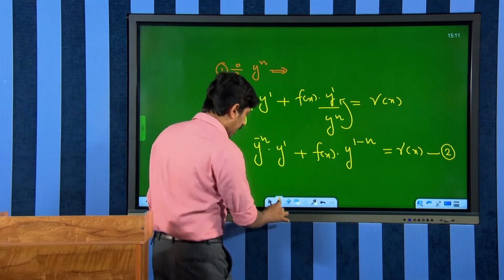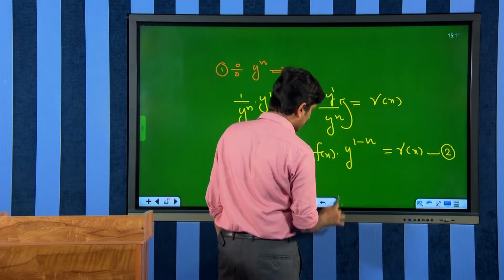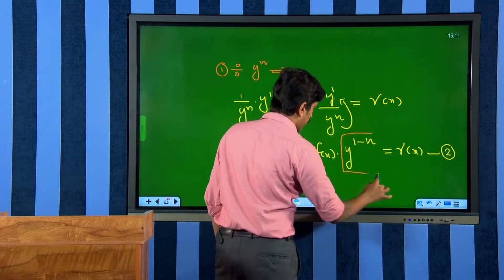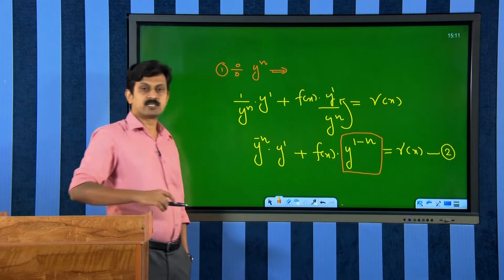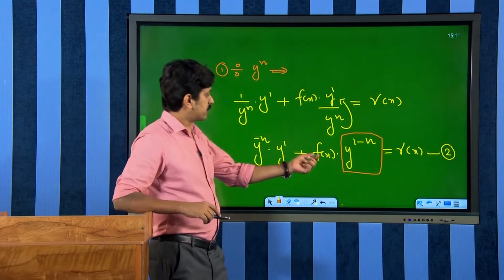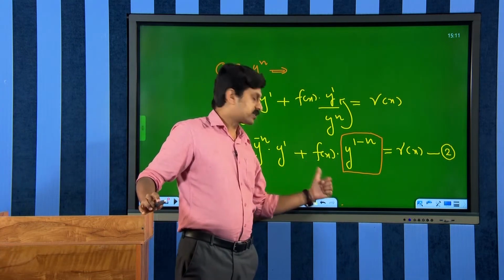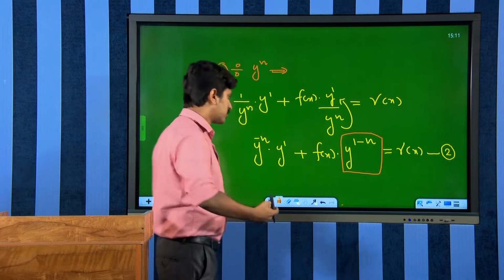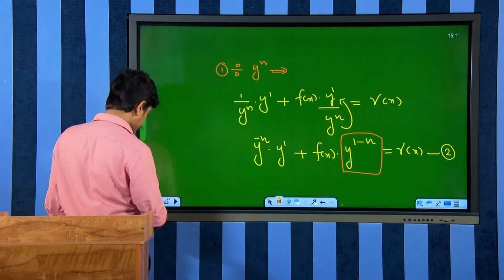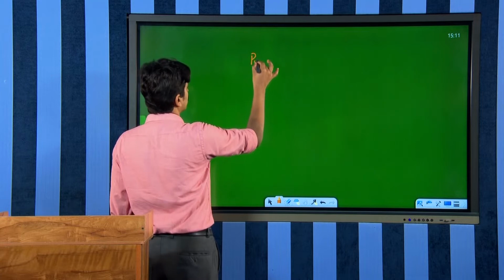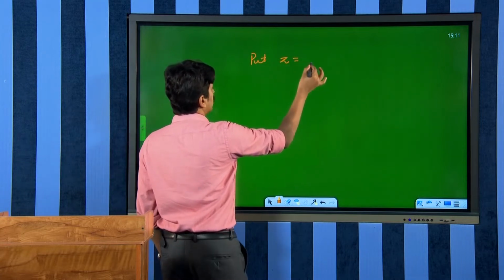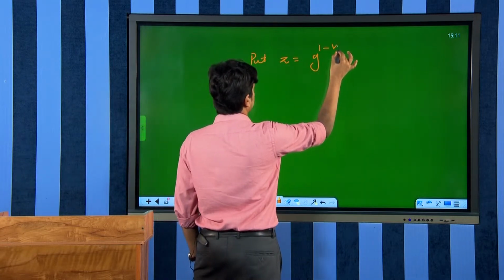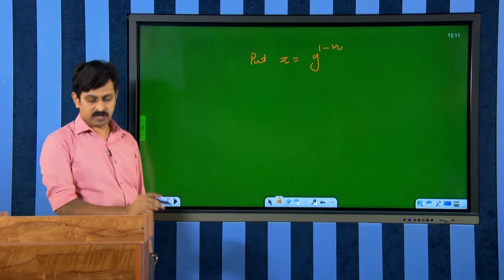For that, I would like to give a substitution for y raised to 1 minus n, that is the term with the function f of x. So, I would like to put z equal to y raised to 1 minus n. We can just differentiate this.